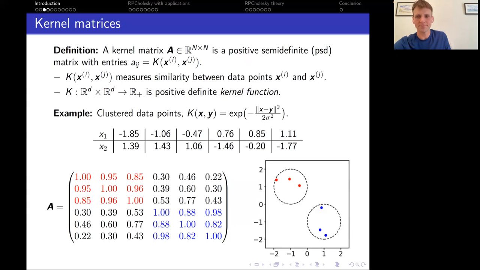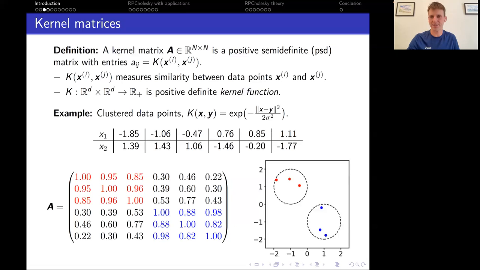An example, which is really standard, is what happens if you have some clustered data points. And then you decide to define a kernel matrix using what's called the Gaussian kernel or the square exponential kernel. k(x, y) is defined as the exponential of the negative square distance between x and y, divided by 2 times a bandwidth parameter, sigma squared.